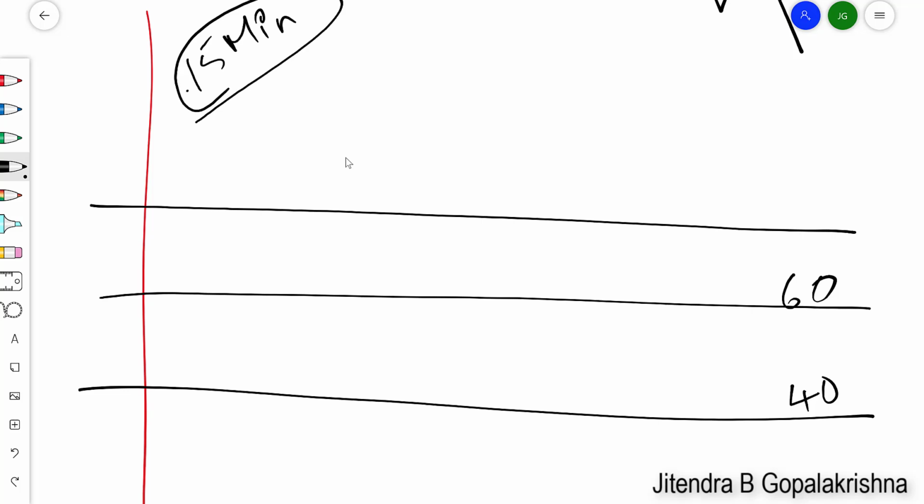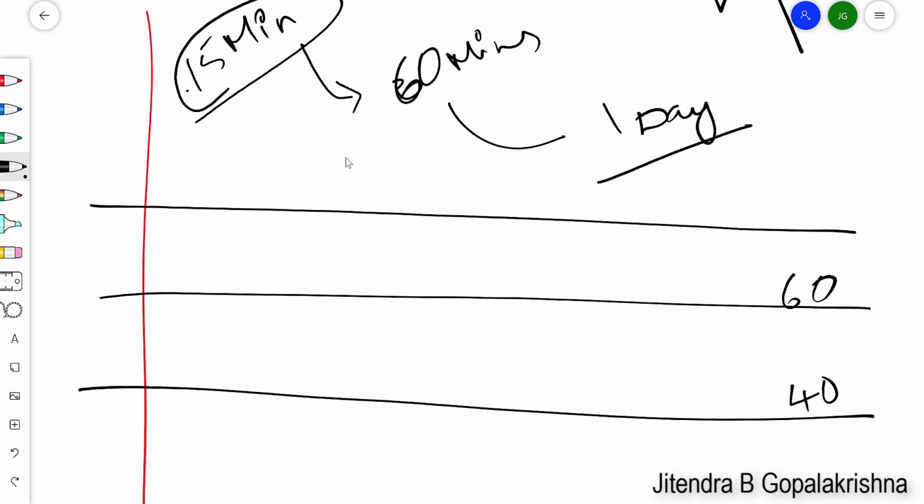So if you're trading in 15 minutes, you have to check 15 minutes, then you have to check 60 minutes, and then you have to check 1 day. These are the 3 time frames you're going to check.